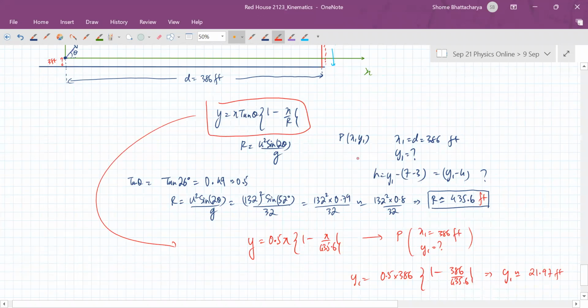Okay, so actually, if we take this value instead of the approximate value, we get a slightly different value here. It is closer to about 430. We take a different value.